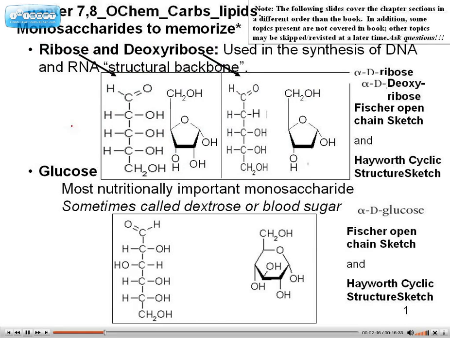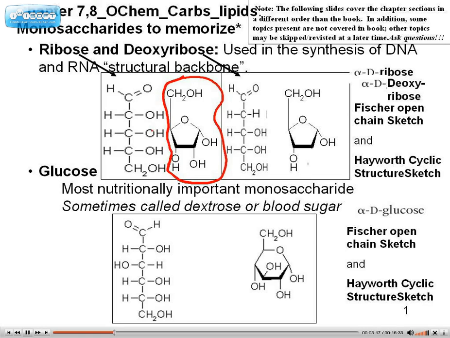I will literally say, okay, sketch me the alpha-D-ribose Fischer open chain, and you'll have to draw this atom by atom just exactly as I have here. Or I could say, sketch the Haworth cyclic structure, and you'd have to draw this right here if I asked for the cyclic structure for ribose.